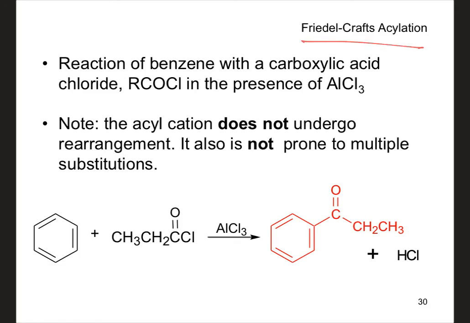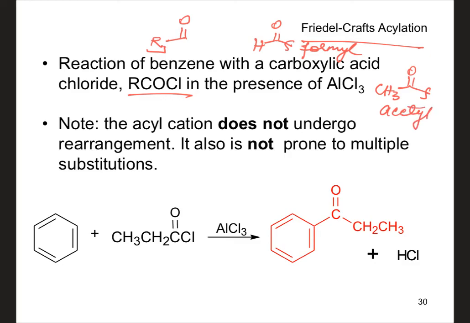Friedel-Crafts acylation. Acyl means that you will have an RCO, so C double bond O and some R group. We saw in chapter 15 that if this R is hydrogen, you would call that a formyl group. We also saw that if it is CH3 C double bond O, we call it an acetyl group.